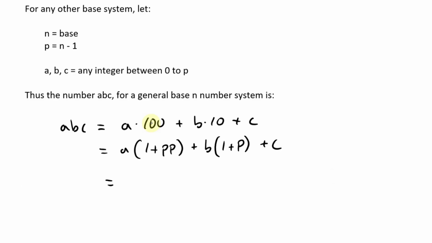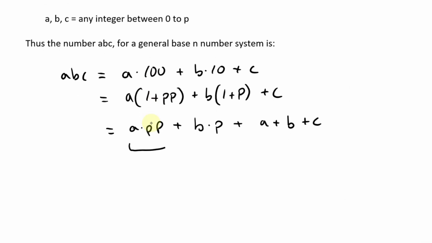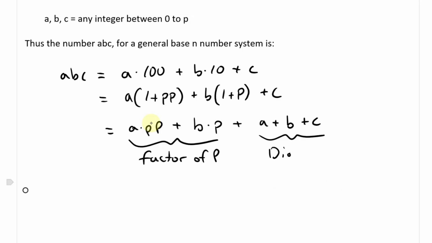Plus C, this equals, as always, A times P plus B times P, plus, since we have an A times 1 and a B times 1, A plus B plus C. And then this right here is going to be a factor of P, and this right here is the digit sum.